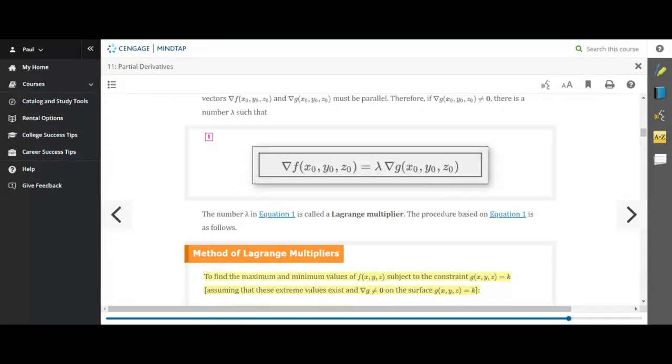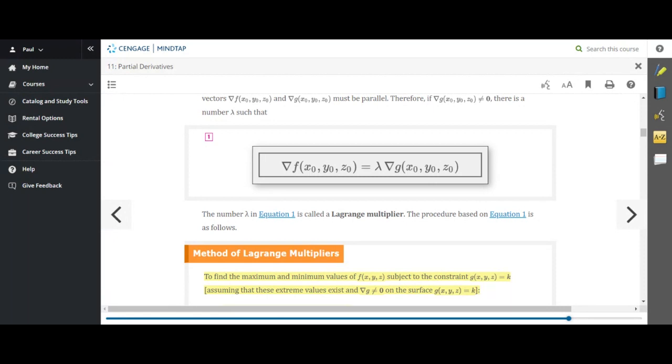And you can take a function of 3 variables and maximize it subject to some constraint and find the values that work. And it's very important.